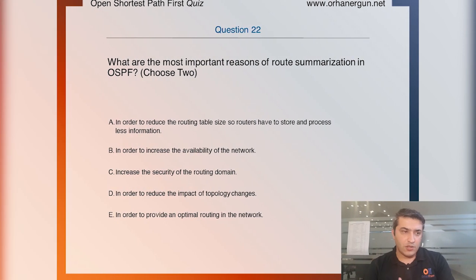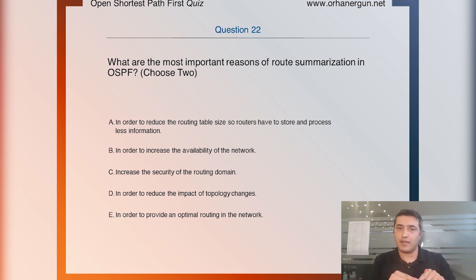So let's have a look at this question. What are the most important reasons for route summarization in OSPF? Choose 2 this time. Route summarization, 2 most important reasons. In order to reduce the routing table size, so routers have to store and process less information, yes. Fewer prefixes: instead of /24s, let's say 10 or 20 of them can be summarized into a /16, right?